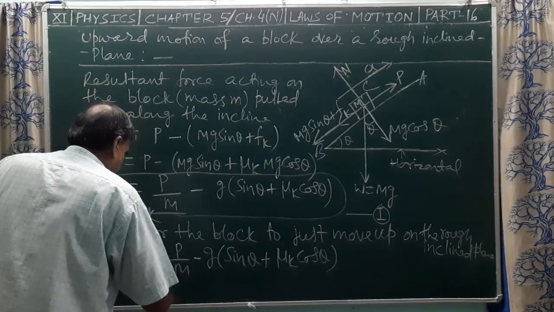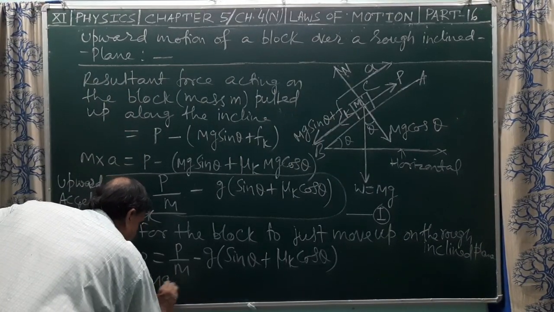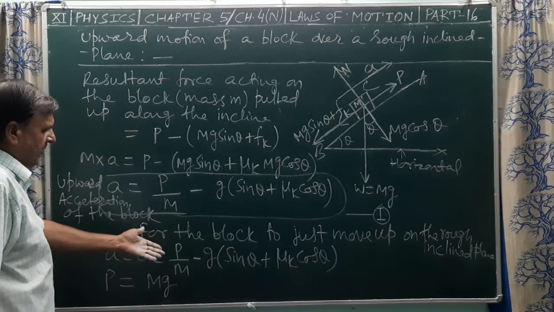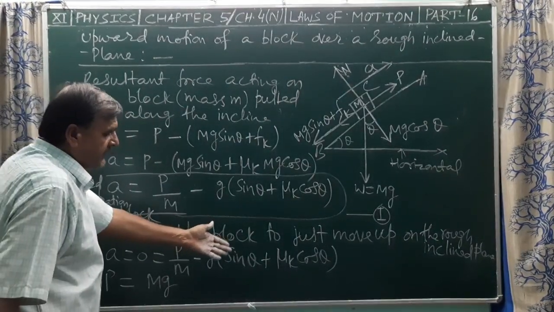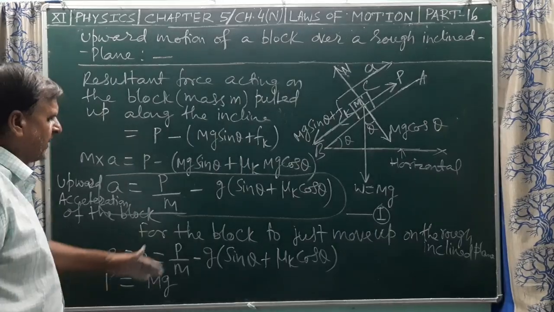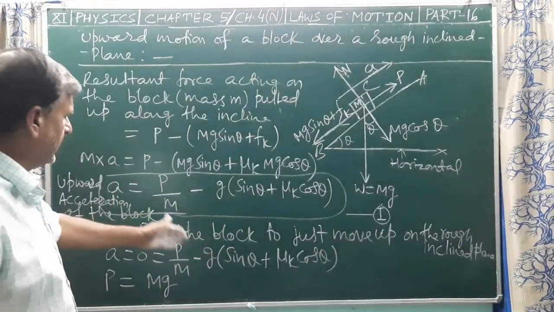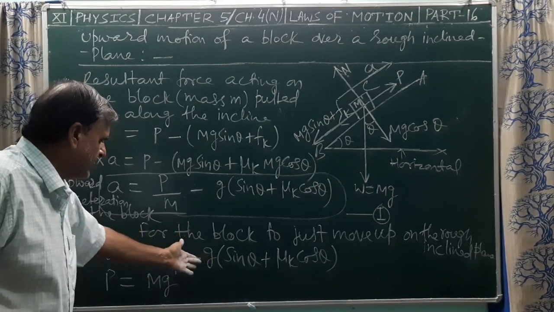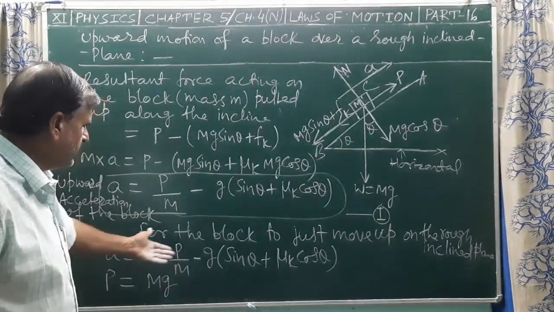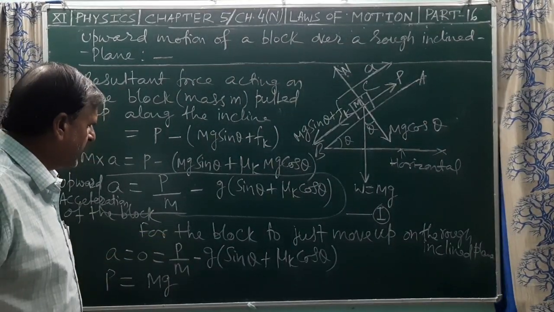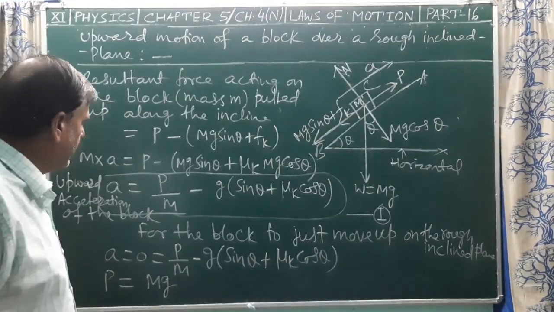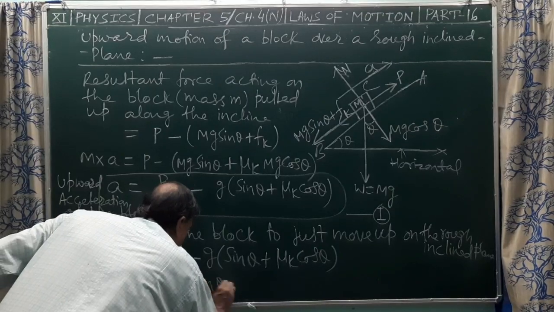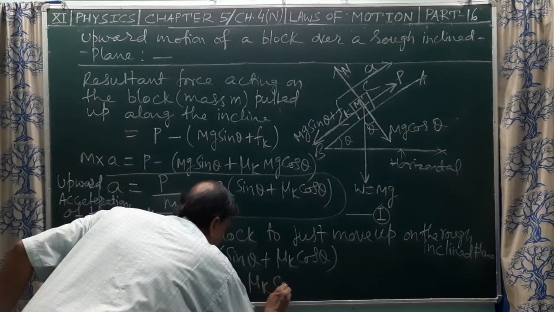So acceleration is 0, therefore 0 equals P by m minus g, under bracket, sin theta plus mu k cos theta. Therefore P by m is equal to g sin theta plus mu k cos theta; bringing the negative term to the other side, it becomes positive. P by m is equal to g sin theta plus mu k cos theta, therefore P is equal to mg, under bracket, sin theta plus mu k cos theta.